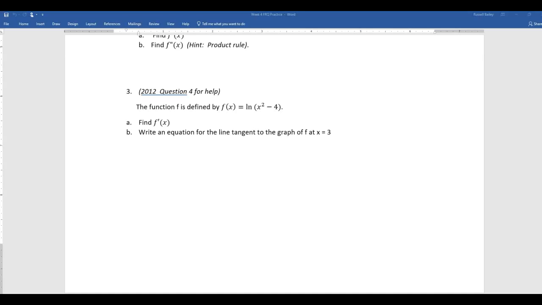All right, the function f is defined by this. Find f prime of x. So here we go. Another chain rule. My outside function is the ln that's there. My inside function is the x squared minus 4.